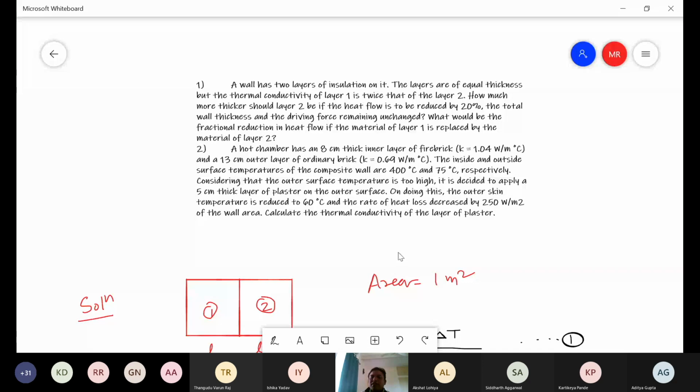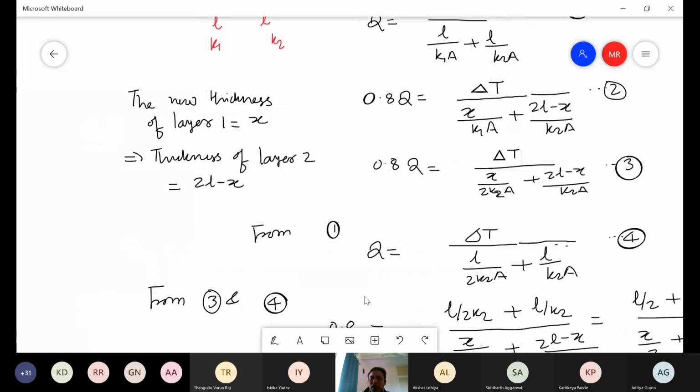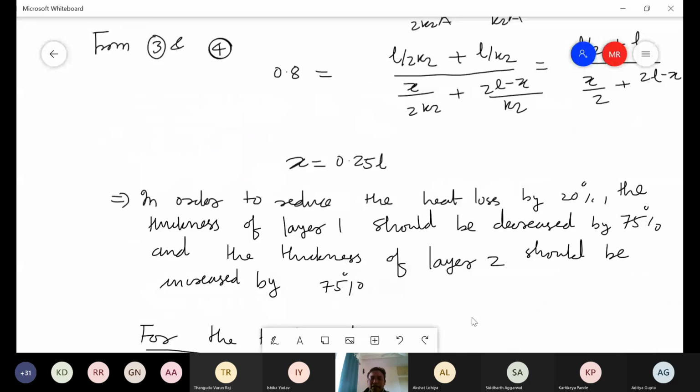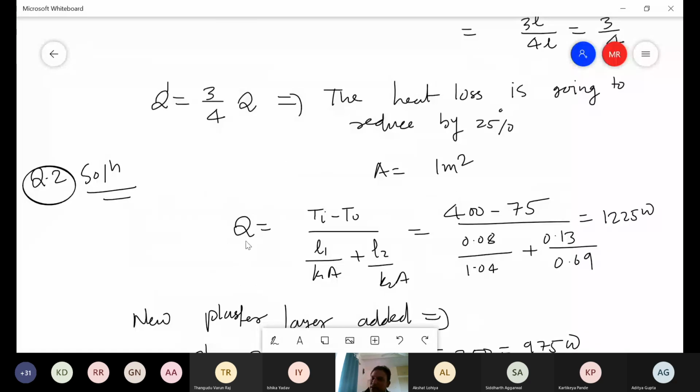Okay. So again, in this case, we have two layers. So we can write down the rate of heat transfer directly here. Rate of heat transfer Q is given as Ti minus T naught, where Ti is the inner temperature, T naught is the outer temperature, divided by L1 by K1A, which is nothing but the resistance of the fire brick layer, plus L2 by K2A, which is nothing but the resistance of the ordinary brick layer.